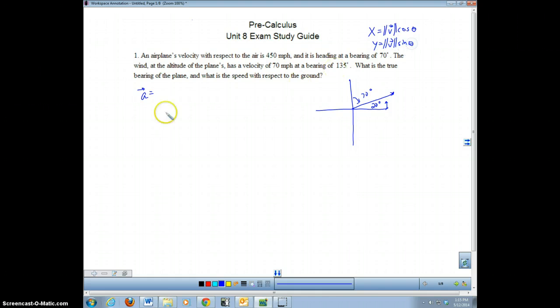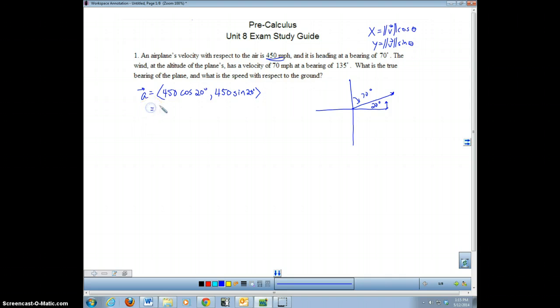So A is going to be the magnitude of the vector, and the magnitude here is 450. So 450 times the cosine of 20 degrees. It's always the angle between the vector and the x-axis.